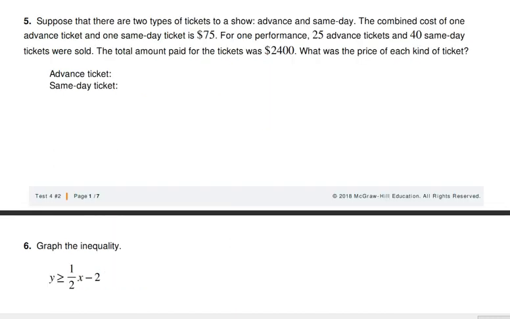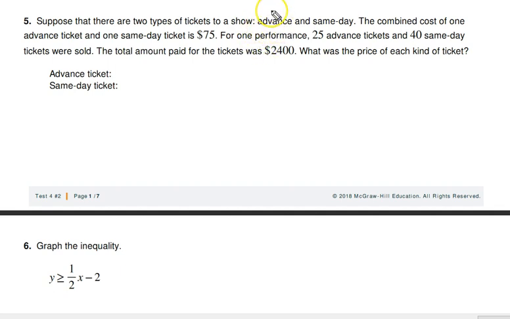Alright, we're looking at number 5 now. Again, pause it. You want to see if you can come up with a set of equations that represents this data, so that we can work here a little bit together in regard to letters.